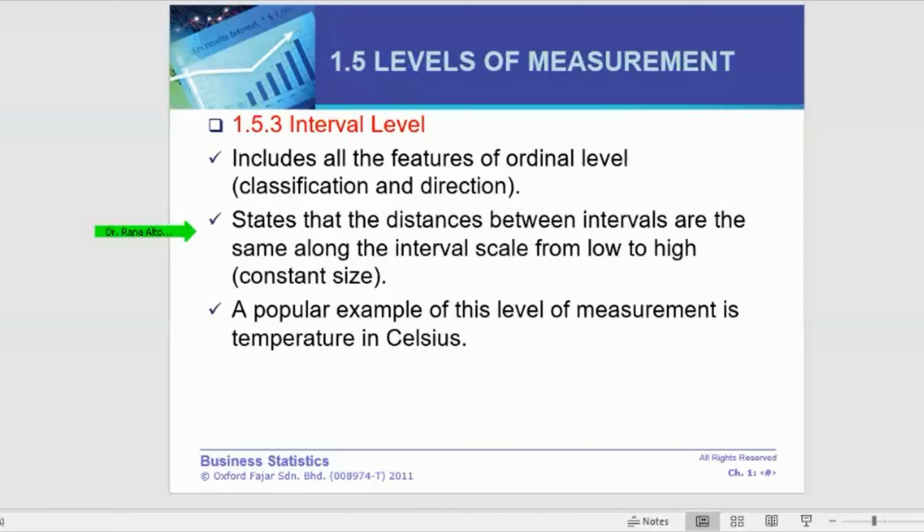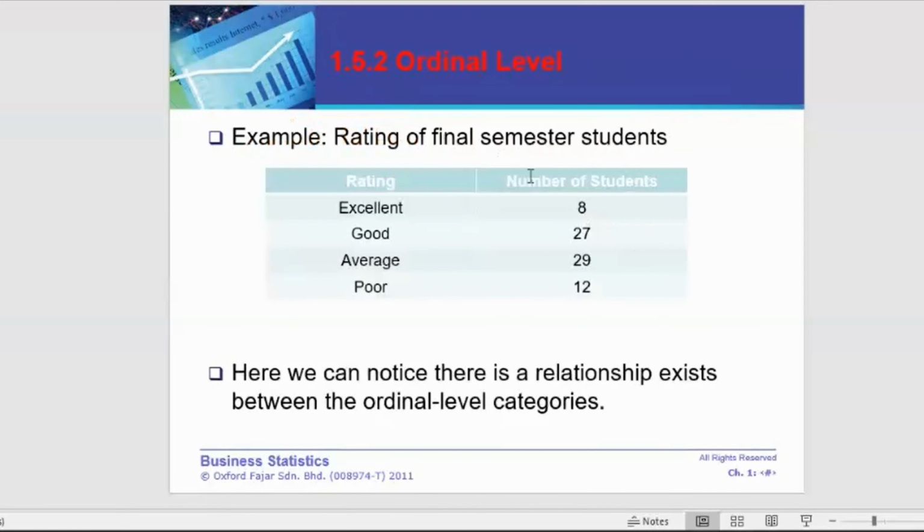If you remember, when we were talking about excellent, good, average, and poor, the distances or the differences between those categories are not constant, not the same. We cannot say that the good is less than excellent by 2 levels or 2 points, while the average is less than good by 2 points. It's not constant, it's not the same.